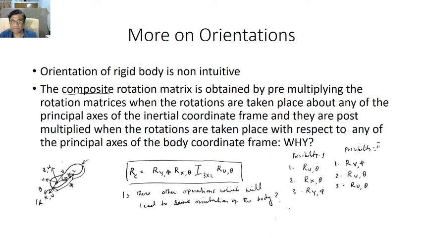Maybe yes. Let us see. Possibility 3. So the body can rotate about the x-axis by an angle theta, followed by another rotation about the x-axis.